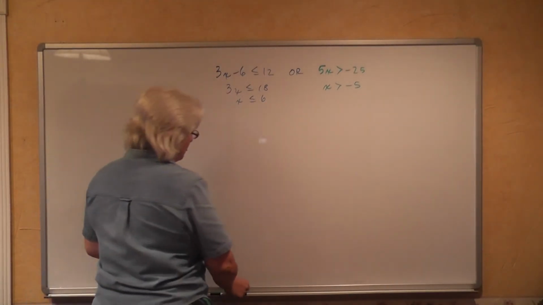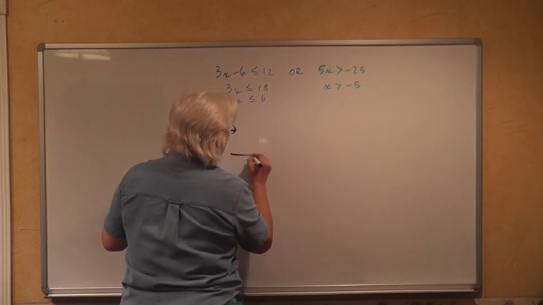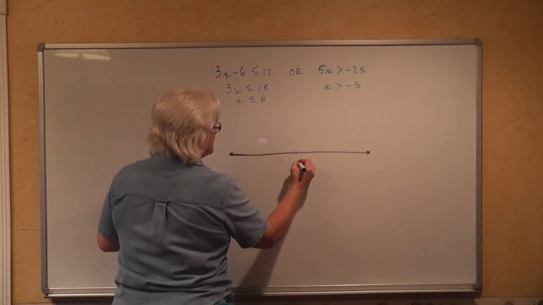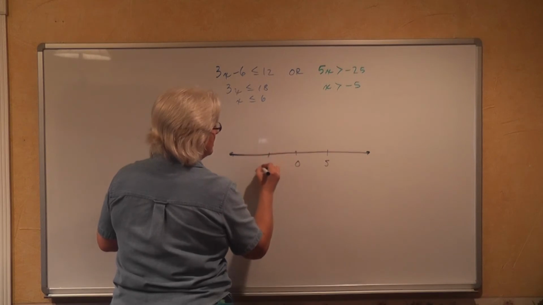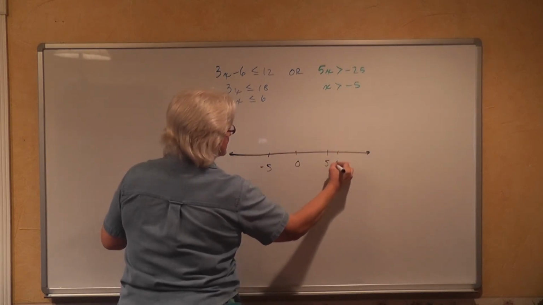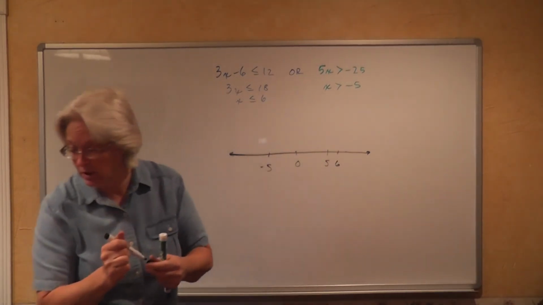Now what do we have to do? We're going to graph both of these inequalities above the same number line. And I have 0, 5, negative 5, and I'm also going to put 6 in here. We graph our first inequality.